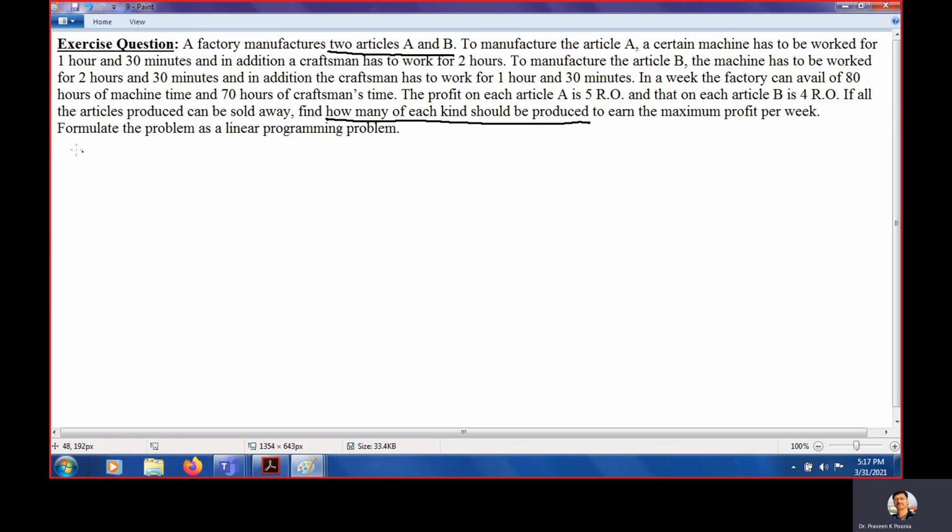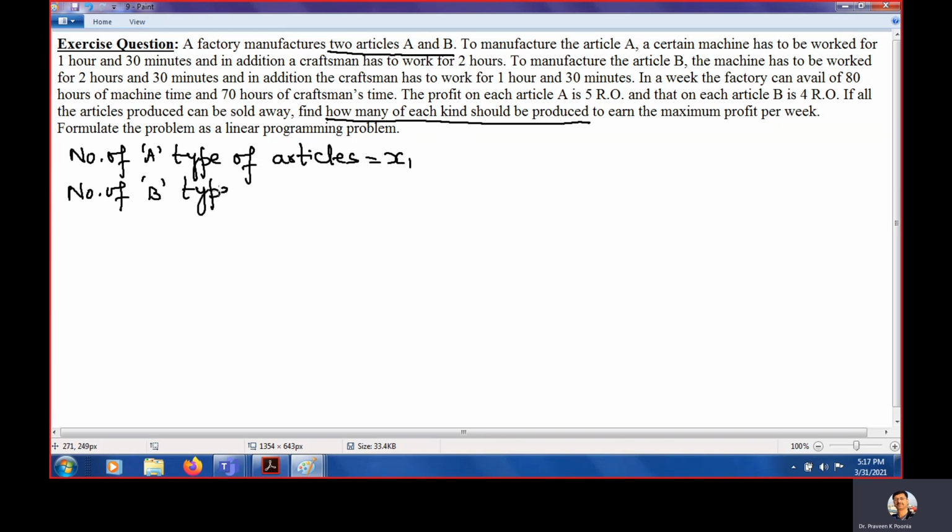How many? That means the number of A type of articles is equal to x1, and the number of B type of articles is equal to x2.